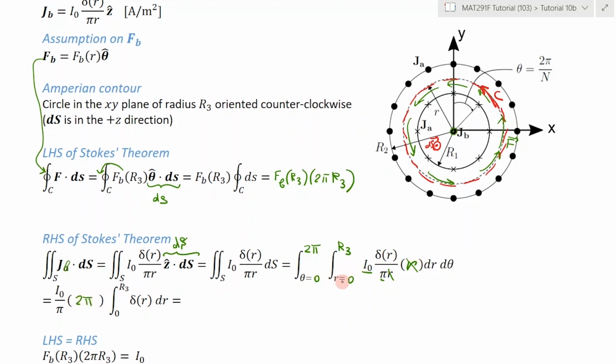And for the r integration, we're just left with delta of r. Now remember, delta is a symmetric, even function. So integrating from 0 to r3 is going to give us 1/2 instead of 1. So the result is I naught. The pi's cancel, and 2 cancels with 1/2. So we're actually just left with I naught.